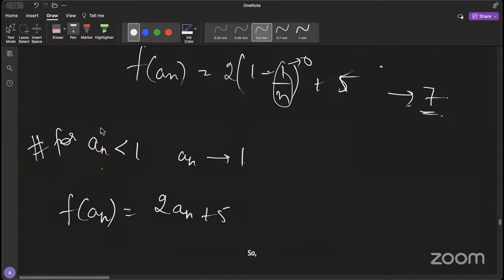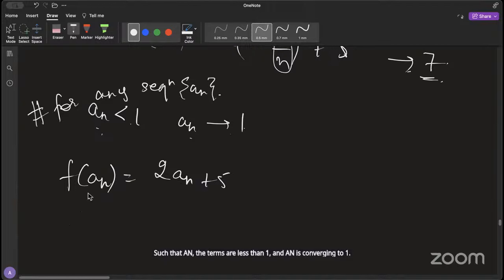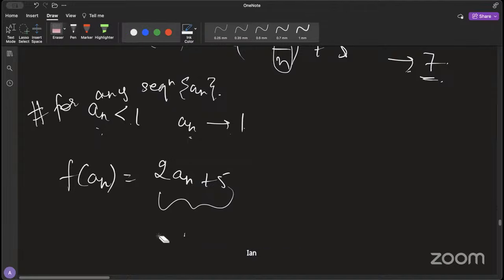So for any sequence a_n such that the terms are less than 1 and a_n is converging to 1, your f(a_n) will be 2a_n plus 5. And where is this going? We first use the scalar rule: if a_n is going to A, 2a_n should go to 2A. Since a_n is going to 1, 2a_n goes to 2, and the constant sequence goes to 5.